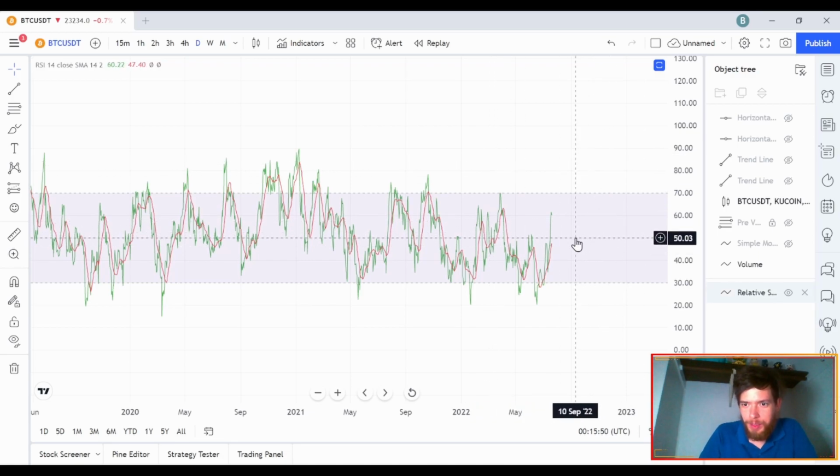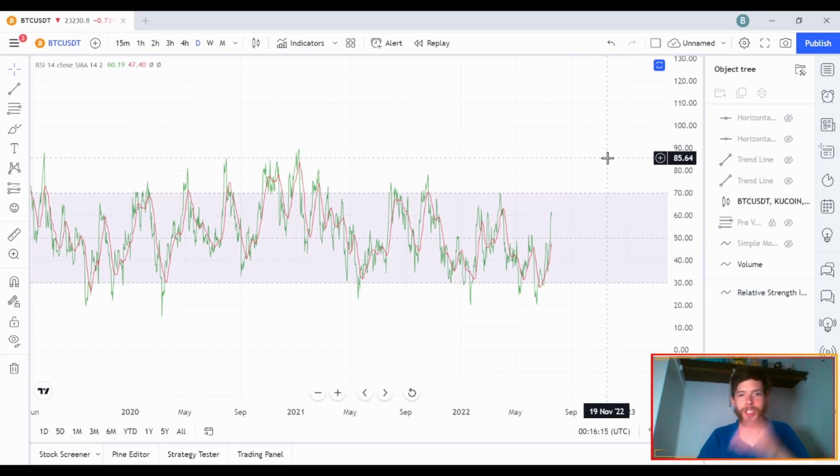Then this 50 line is more of our neutral line. So we don't have bullish movement and we don't have bearish movement at this 50 line. It's just an in-between zone. So 50 to 70 though, that is another bullish area, as well as the 70 to 100.